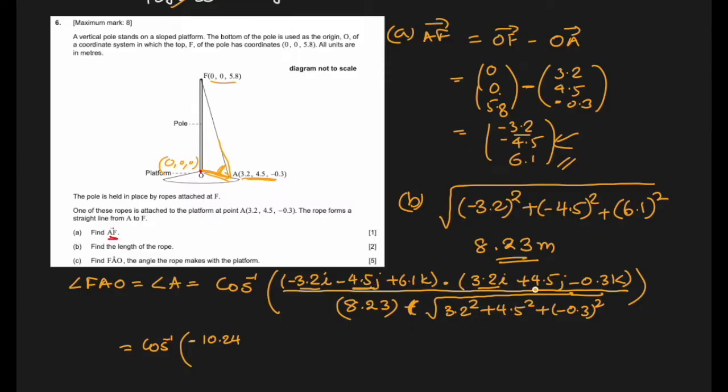Negative 4.5 times 4.5 will be negative 20.25, minus 6.1 times negative 0.3 will be minus 1.83. Okay, divided by 8.23 we already knew, and this comes out to be 5.5299.